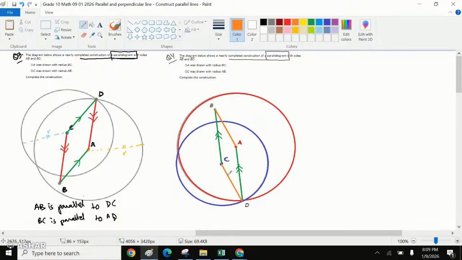If it's placed over here, it's still a parallelogram. So we need to join these points to say that the line AB is parallel to CD and the line BC is parallel to AD, right?